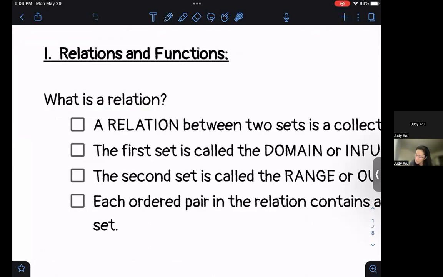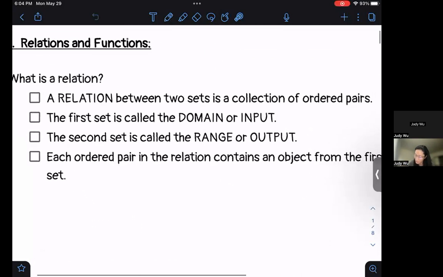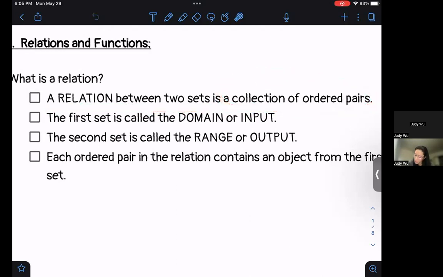All right. And it turns out that we have a sort of definition for this, right? A relation between two sets is called a collection of ordered pairs, right? And it turns out that this first set we call the domain, or we might hear it called the input.